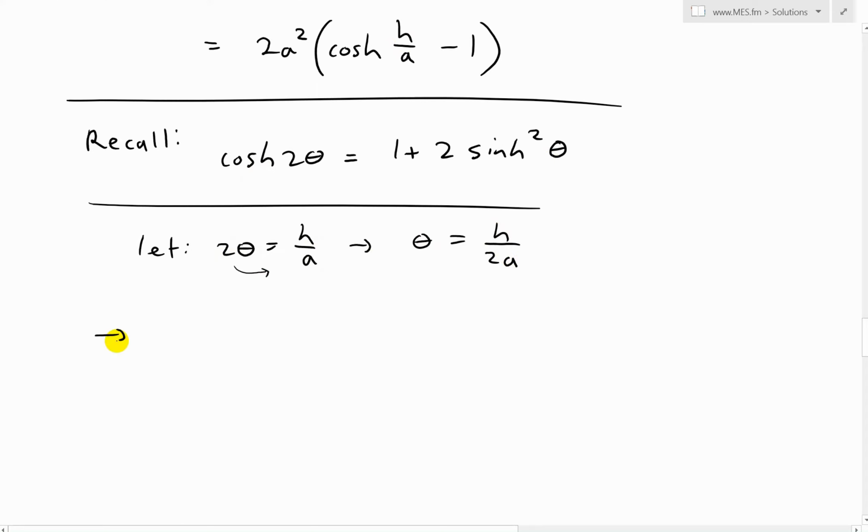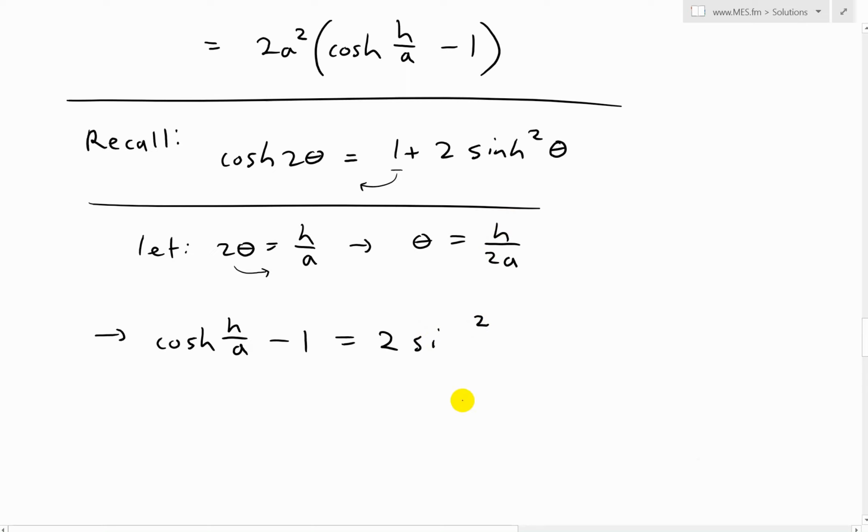So then what we get is cosh of h over a, and I'm going to move this 1 to the other side, minus 1 equals 2 sinh squared, where theta is equal to h over 2a like that.